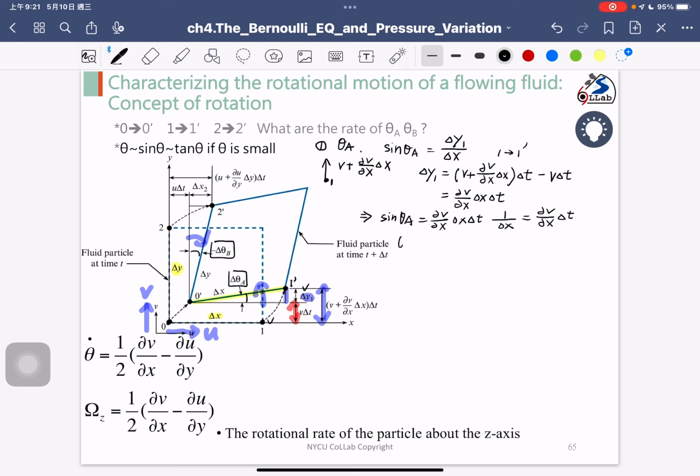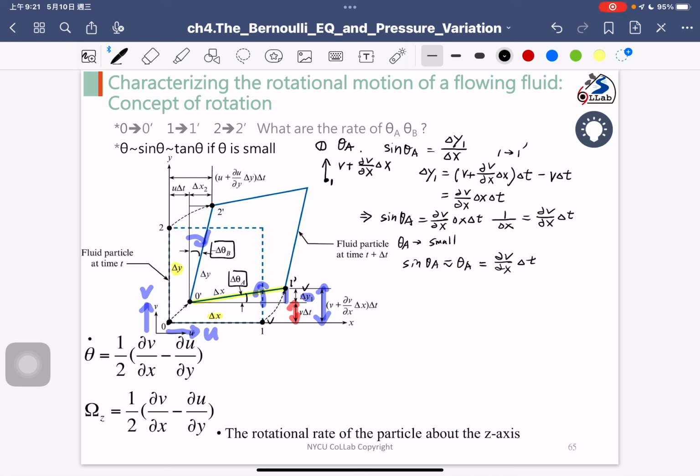So we assume theta A is very small, so that sine theta A equals theta A. If the angle is small, sine theta A is equal to theta A. Okay, and then we know theta A equals dv/dx times delta t, right?